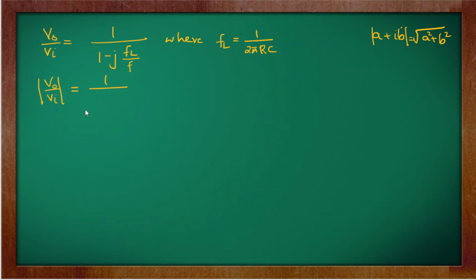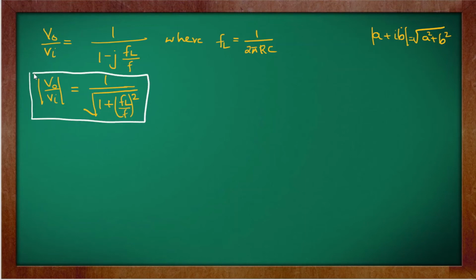The magnitude of V0 by Vi is equal to 1 by root of 1 plus fL by f the whole square. Let us see in detail about this absolute value, one by one.